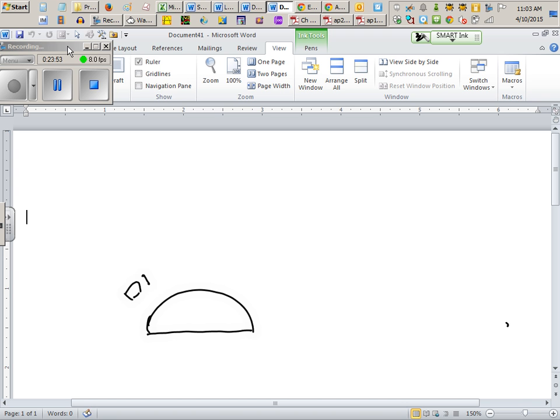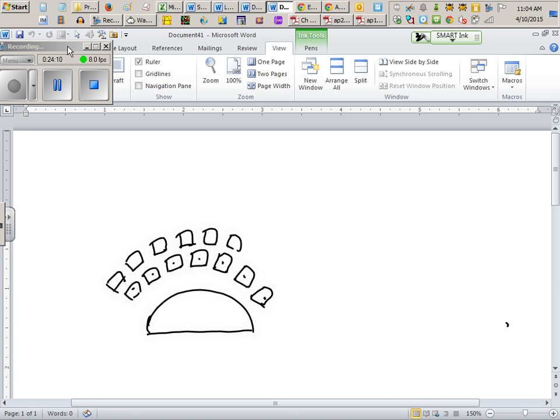So you want to put your chairs so the audience can see. And you decide to go with 1, 2, 3, 4, 5, 6, 7 chairs in the first row. And you realize that you can actually fit more chairs on the next row. You can fit 9 chairs on this row.